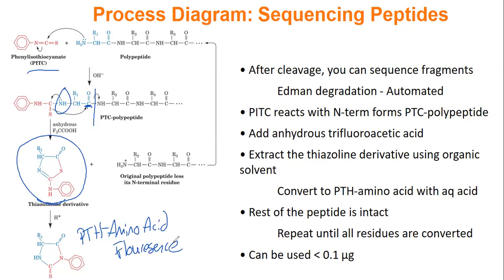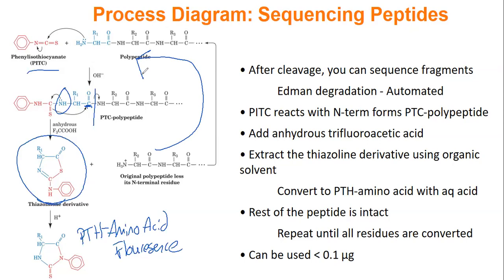A PTH amino acid has fluorescence. Each of the 20 amino acids fluoresces at a different wavelength. What's great about this technique is that you chop off one amino acid at a time, so you can resend your peptide for another round.